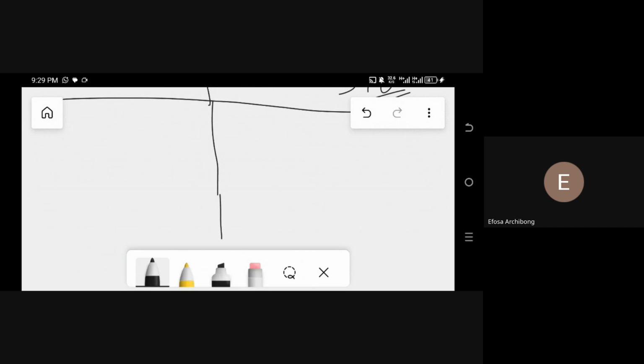So let's say we have this. A three-digit bearing would come from the north down to the south. And let's say this is 230 degrees.